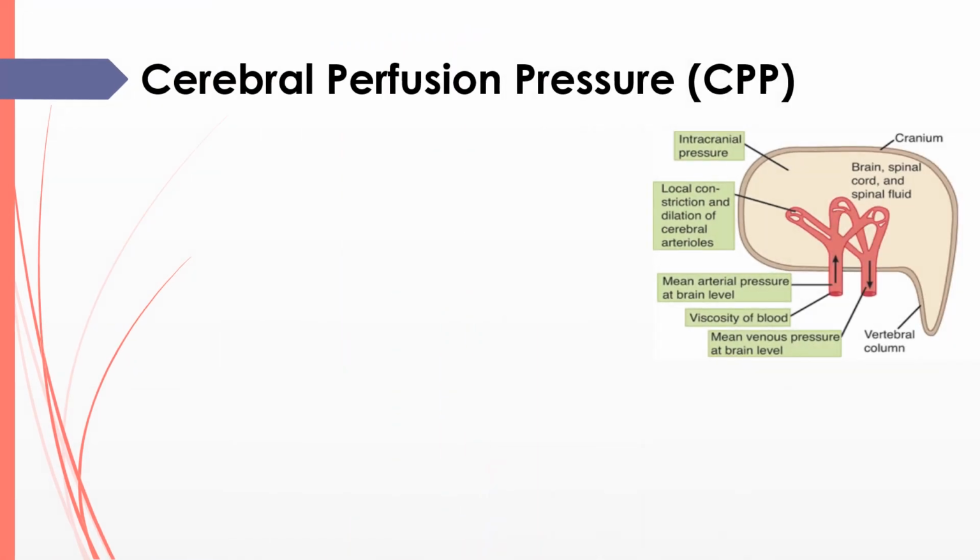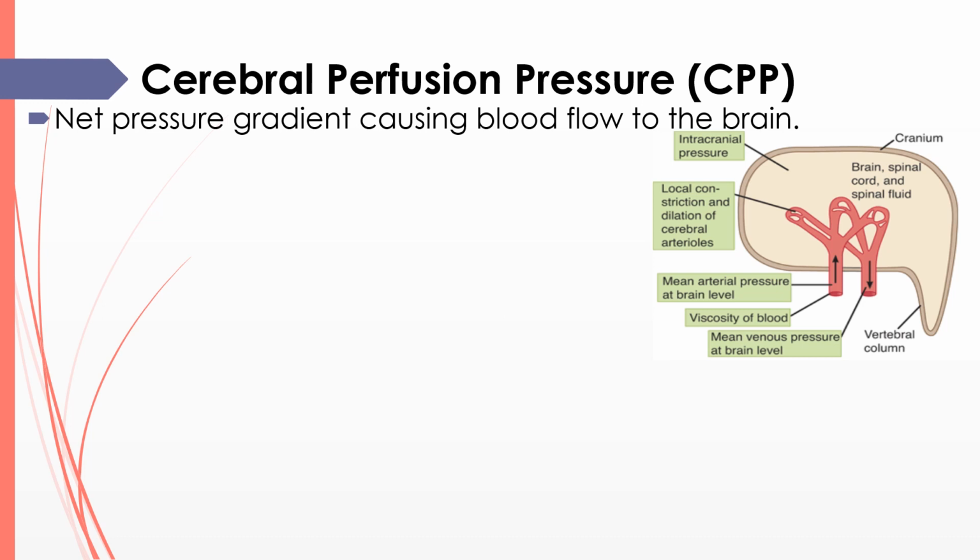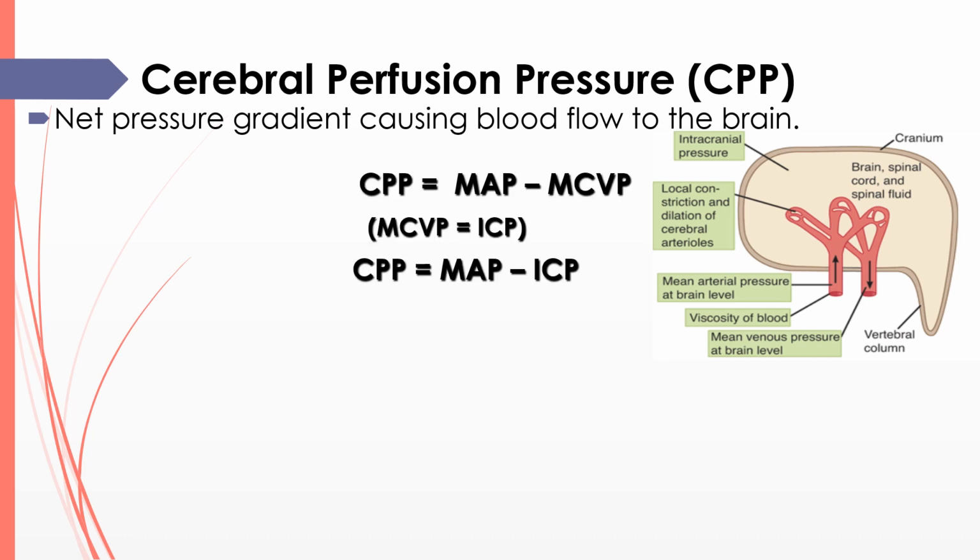Cerebral perfusion pressure is the pressure gradient causing the blood flow to the brain. The cerebral perfusion pressure is equal to mean arterial pressure minus mean central venous pressure. This mean central venous pressure is equal to intracranial pressure.